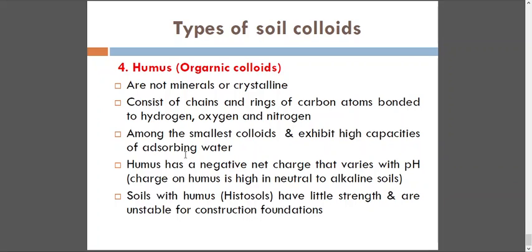Soils with humus have little strength and are unstable for construction foundations. So soils with a high composition of humus are much more recommended for agriculture and not for construction purposes.